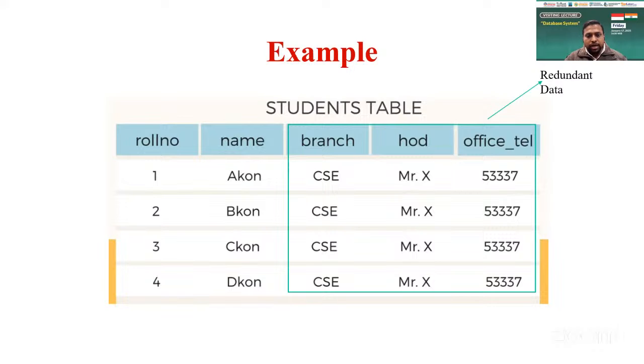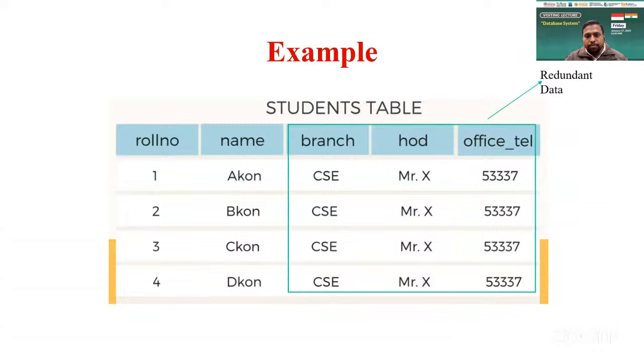Suppose the student is studying in the CSC department, we have a total of 4 entries or 4 rows as an example, in which there are 4 students. All the 4 students study in the CSC branch, and their HOD is Mr. X, and their telephone is 5337, let's say.